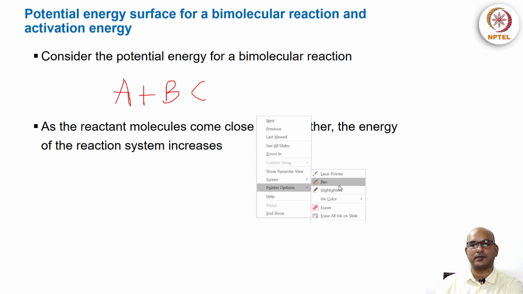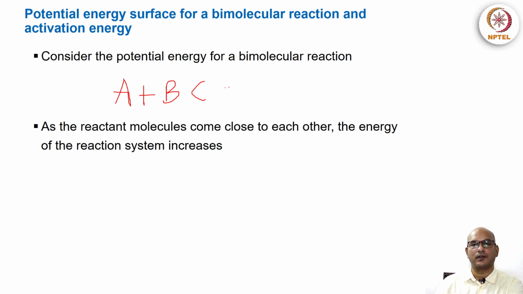So we have A plus BC can give AB plus C.